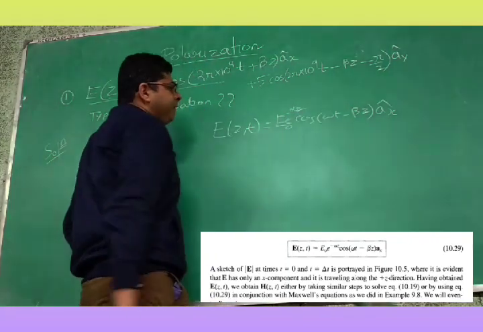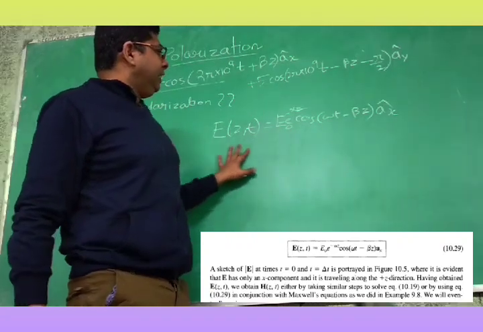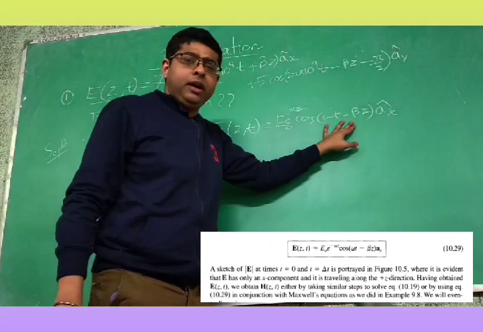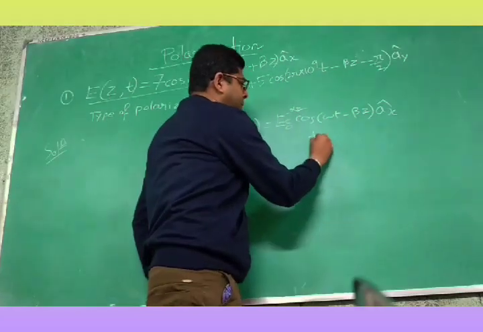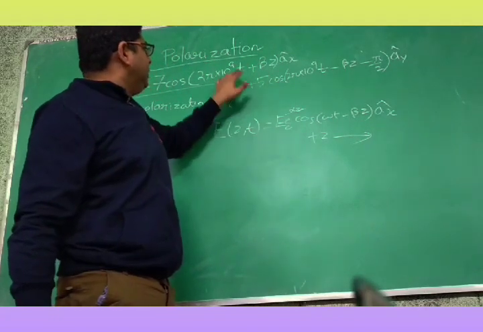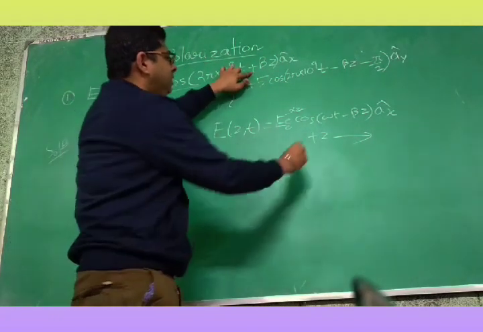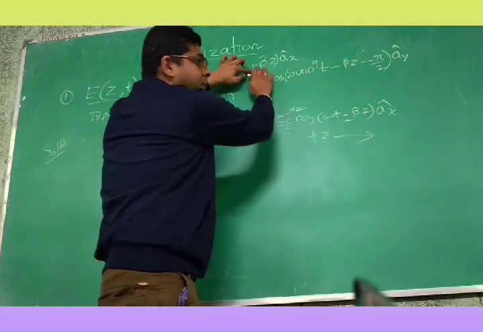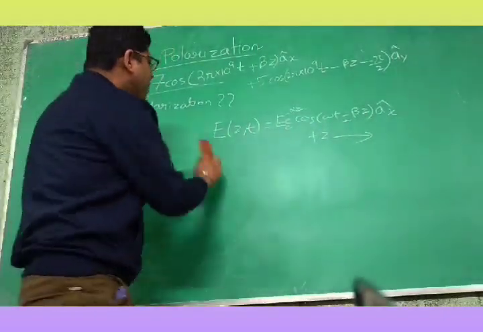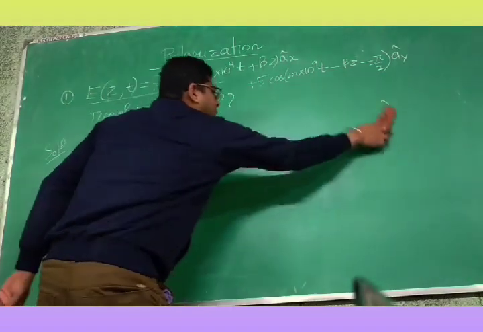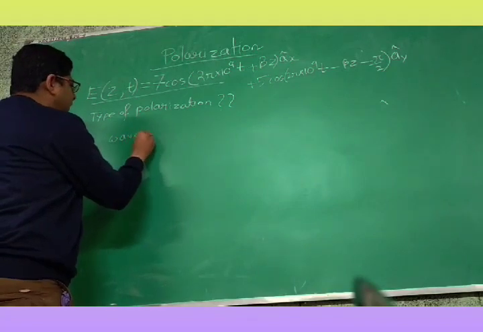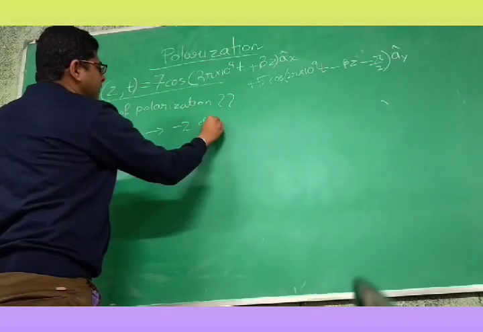If I take this expression, then the wave is propagating in the plus z direction. But if you compare this with that, there is a plus here instead of minus. That means the wave is propagating in the minus z direction. So first of all, we see that our wave is in the minus z direction.